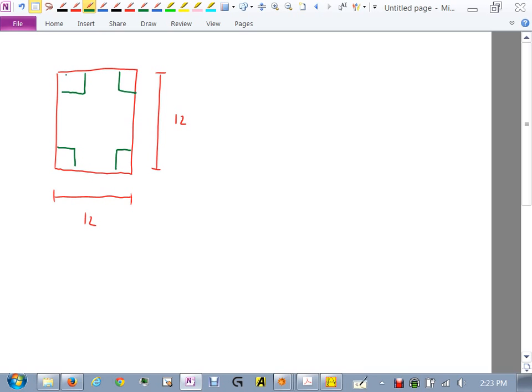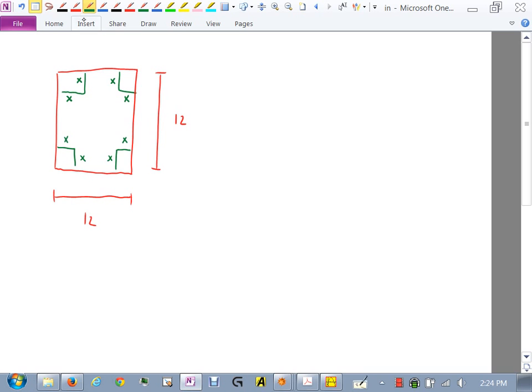Why don't we call that amount that I cut out X? Let's be real rebellious here and just go for something we never even talk about, X. All right? So we're cutting X out.